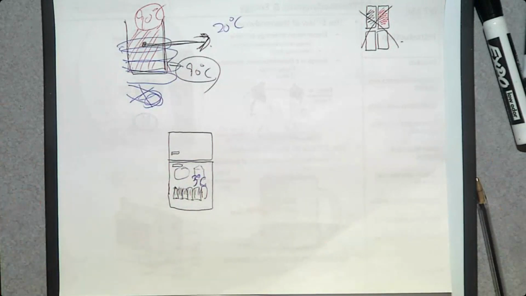Then what about outside of the refrigerator? Where do you place your refrigerator? Restroom? Kitchen, right? So what is the temperature in the kitchen? Room temperature. What is the room temperature in general? About 20 degrees Celsius in thermodynamics.